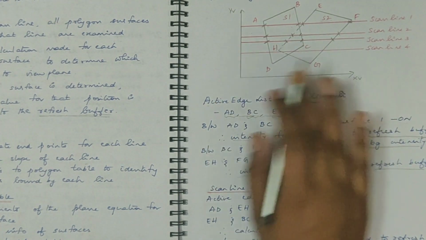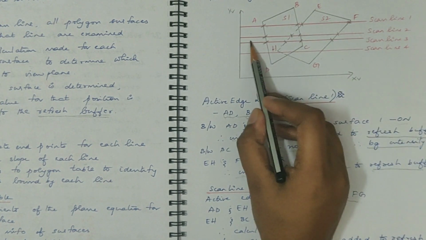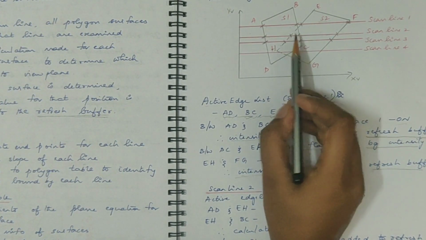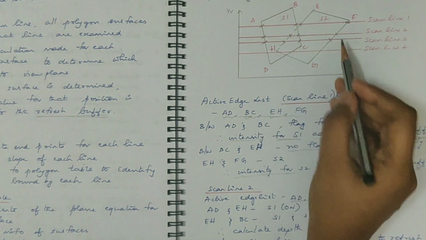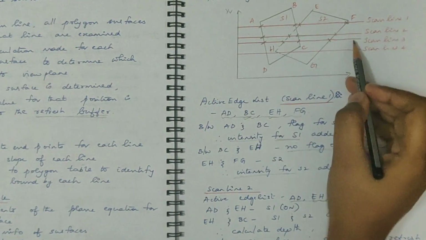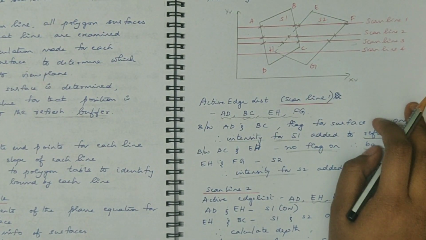Once you have traversed the first line, whatever depth information is there in the refresh buffer, you can take those values. You need not calculate it again. For scanline 3, it is unnecessary to perform the calculation.